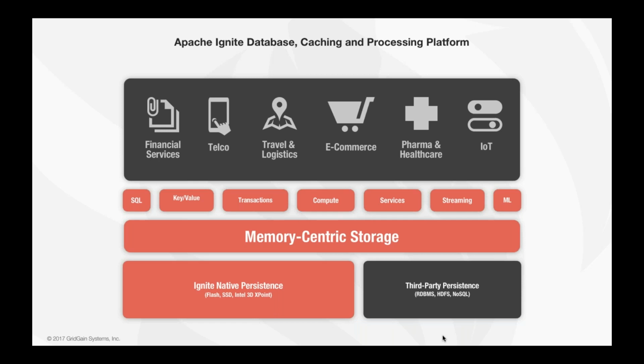So memory-centric storage is key to this. Now, one of the things that Ignite can do very well, if you look in the bottom right-hand corner, is this third-party persistence that you can see. So we've got relational, HDFS, NoSQL. Ignite can work very well, particularly with transactional database systems.